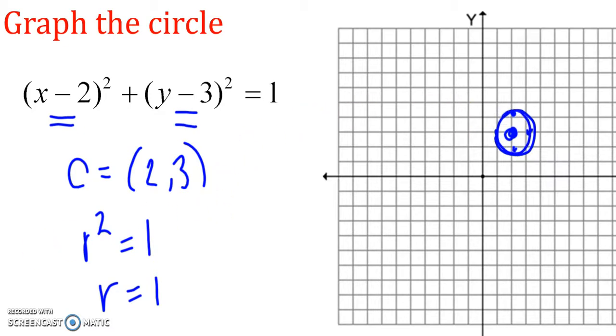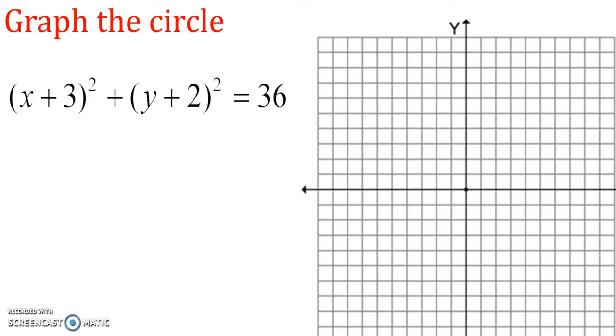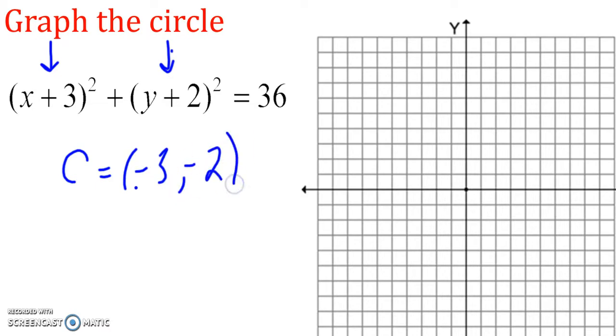And on the last one, I'm going to get the center of my circle. I now realize these have changed. They're supposed to be minuses, but now they're plus signs, so I know that's a negative 3 and a negative 2. I know that r squared is 36, so r is 6.